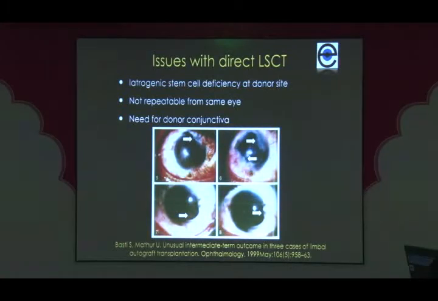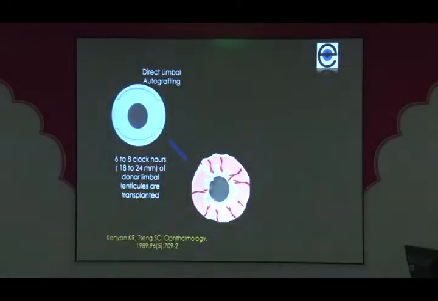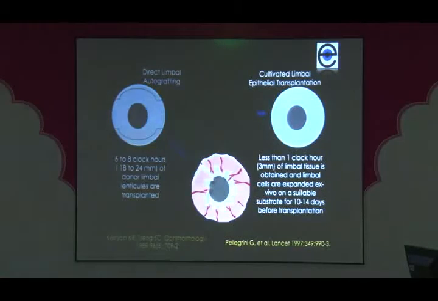So these are the main issues. To counter these problems came up the concept of cultivated limbal epithelial transplantation in the 90s. And this then had become the standard of care, where we take a very small piece of limbal tissue, generally about 1 clock hour. You need a stem cell laboratory where it can be expanded ex vivo, and then you get an epithelial sheet which is transplanted onto the affected ocular surface.